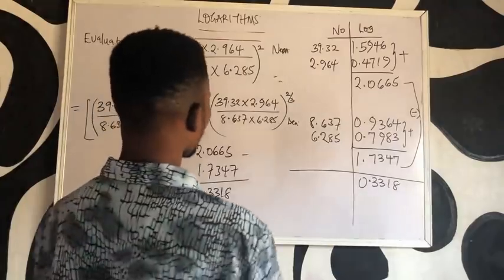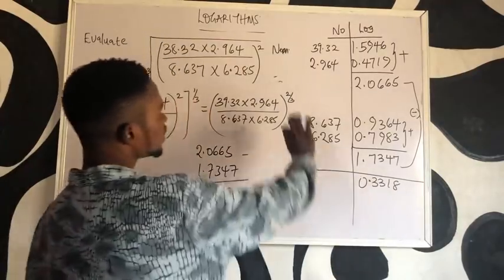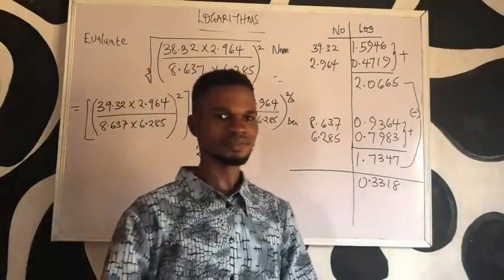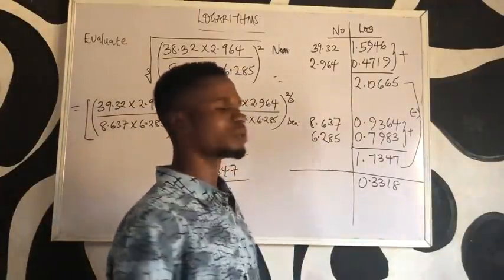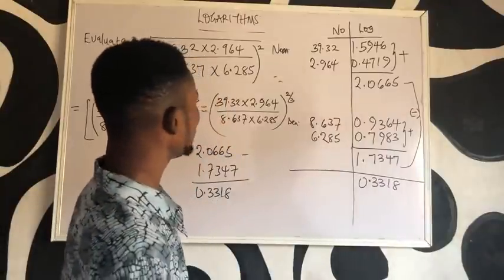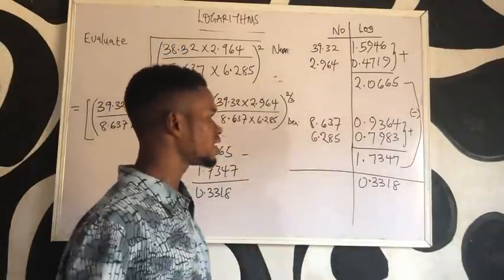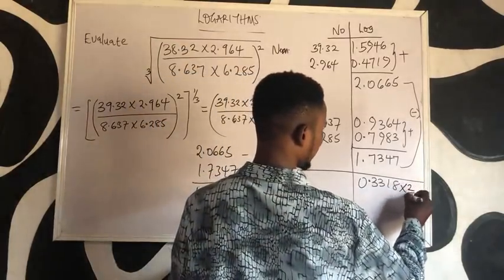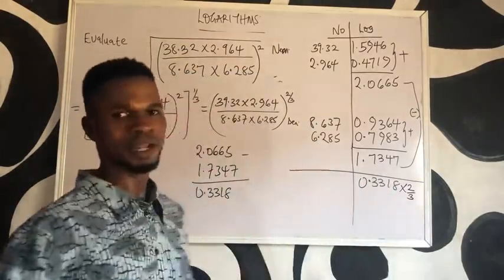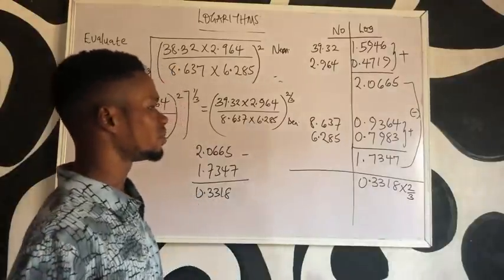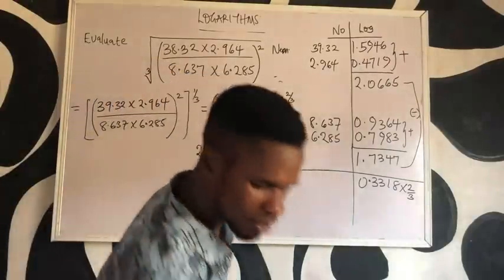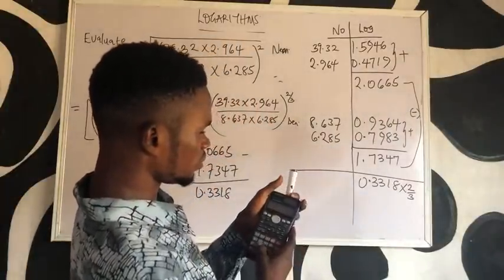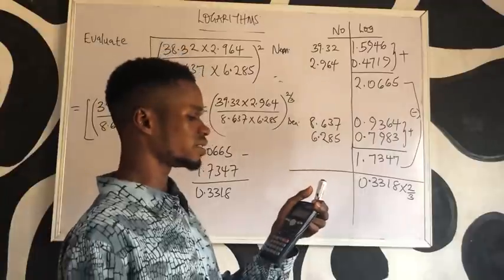Now, that's the result. But it is raised to the power 2 over 3. So if it is raised to power 2 over 3, that implies that we need to multiply the result by 2 over 3. 0.3318 times 2 is 0.6636.